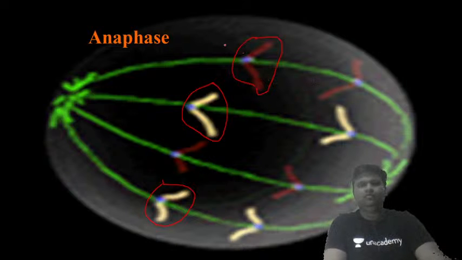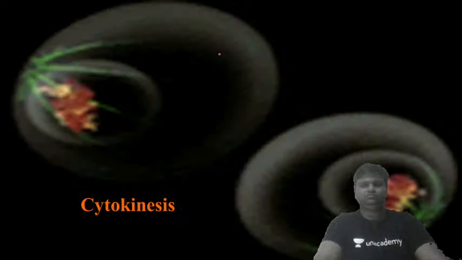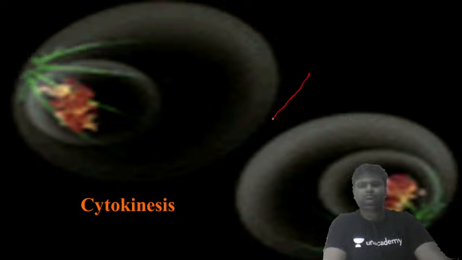They start their movement towards the pole. Then there is telophase, and then there is cytokinesis, where the cell has been divided into two equal cells.